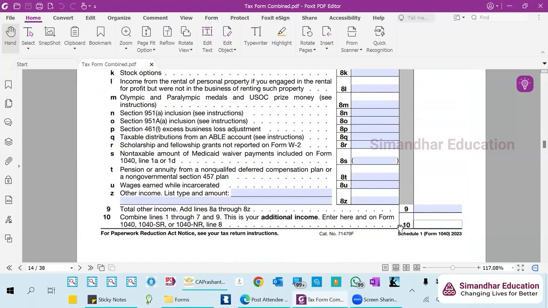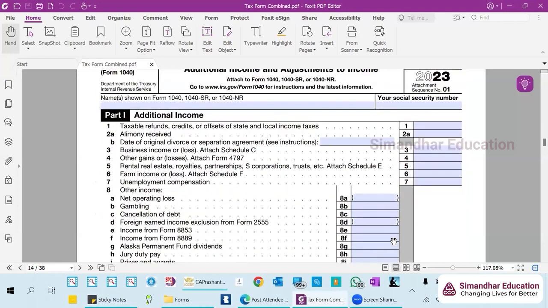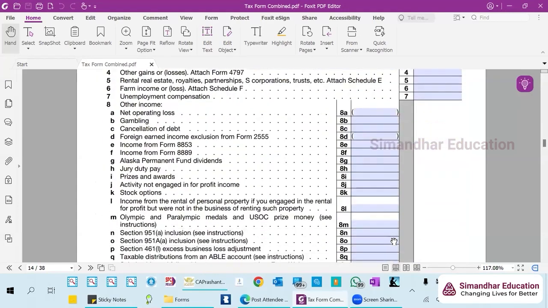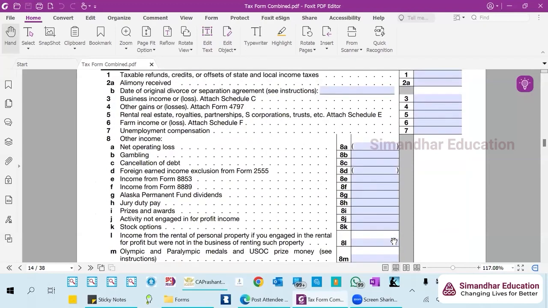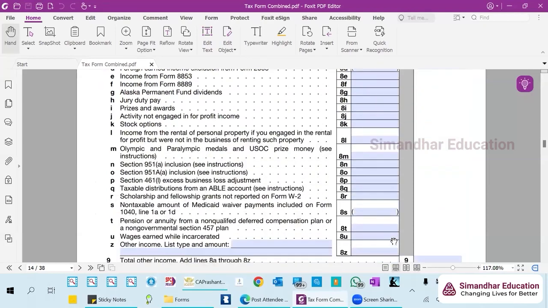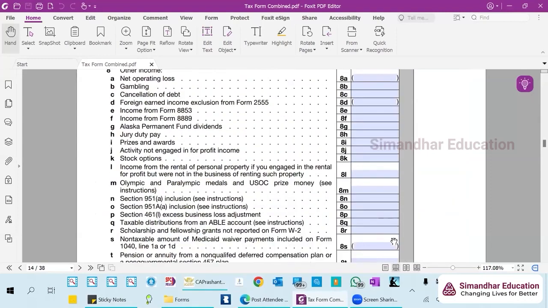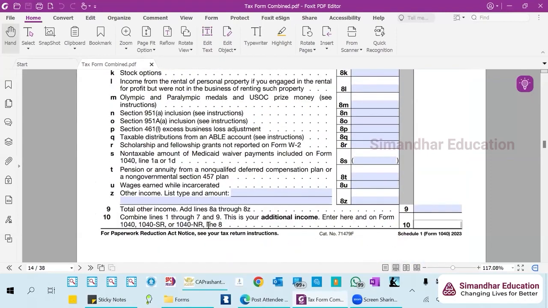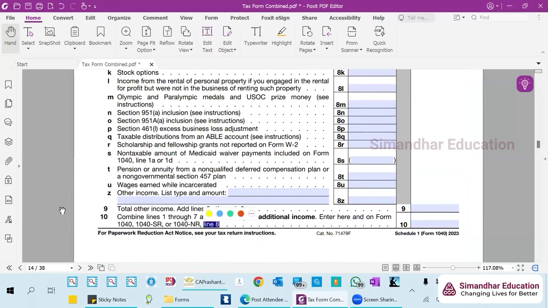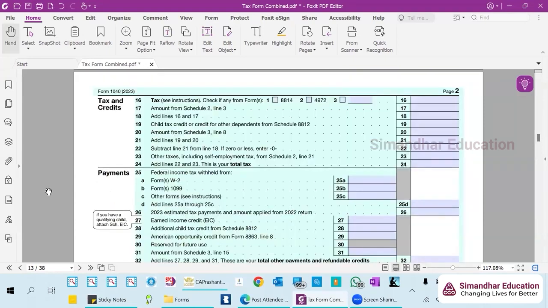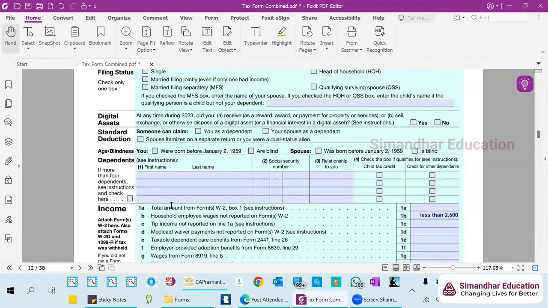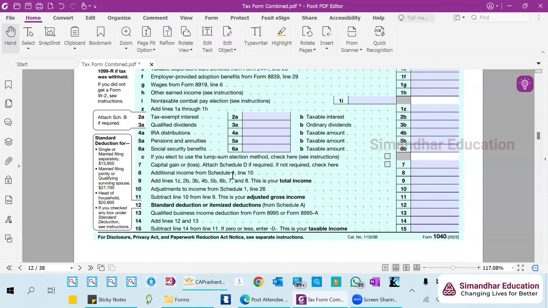Now, what is this line 10? Line 10 is the total of lines 1 to 9, which are all my additional income items. So the sum of all these additional income items is going to where on my 1040? Onto my line 8. Let's see what's on line 8 of my 1040. My line 8 says additional income from schedule 1, line 10.